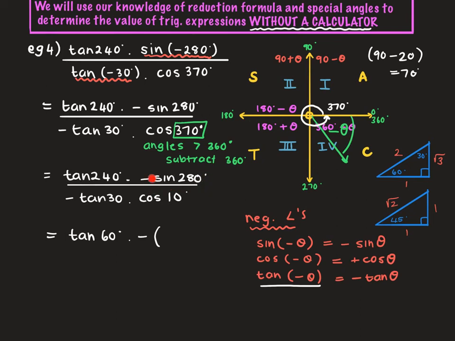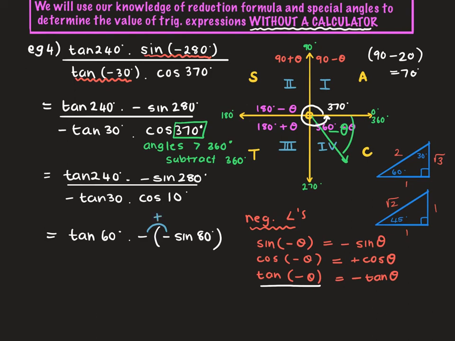Now I'm going to deal with sine 280. So 280 degrees would lie in quadrant 4. So we know that in quadrant 4, our sine function is negative. So it's negative sine. Now, 360 minus 80 will take me to 280. So that simplifies to negative sine 80. And we can see here that that will become a positive.